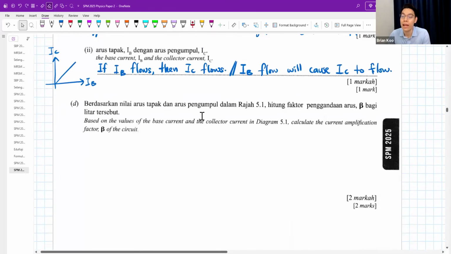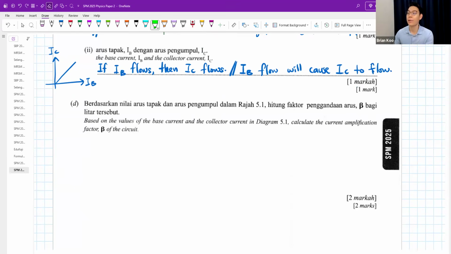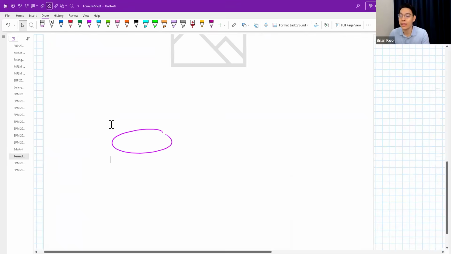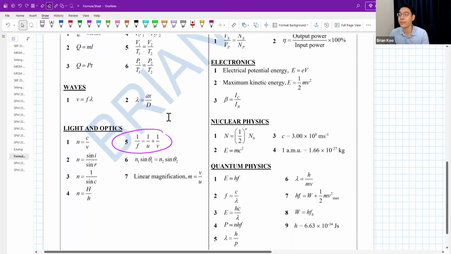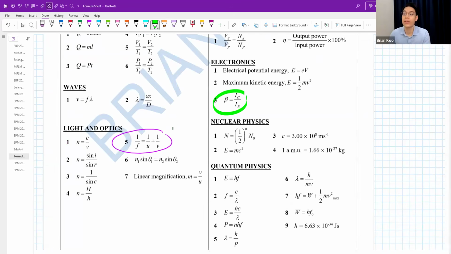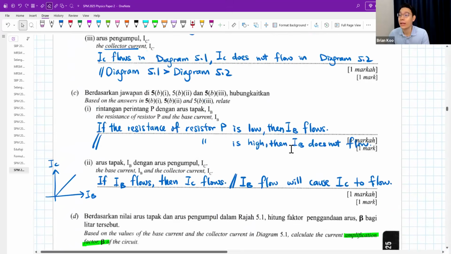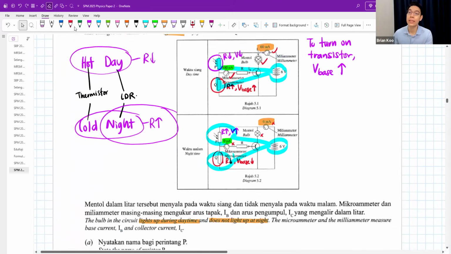Okay, then based on the values of base current and collector current in diagram 5.1, calculate the current amplification factor. Amplification factor is given, it's right here. Okay, beta equals IC over IB. Quite generous, they gave 2 marks.